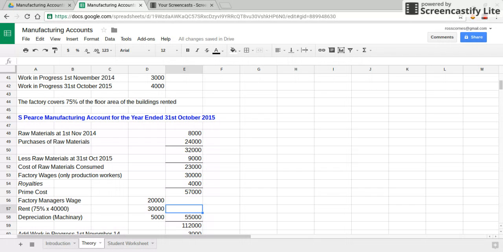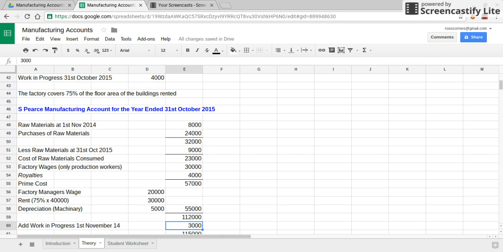figure, we've got some work in progress at the 1st of November 2014 of $3,000. That gets added on, and that gets added on because of the matching principle. Those were goods that, although we started manufacturing them last year, we finished them, and therefore we sold them during the financial year we're doing the accounts for. So we need to add that $3,000 on, because that's part of the cost of the goods that we've sold this year.